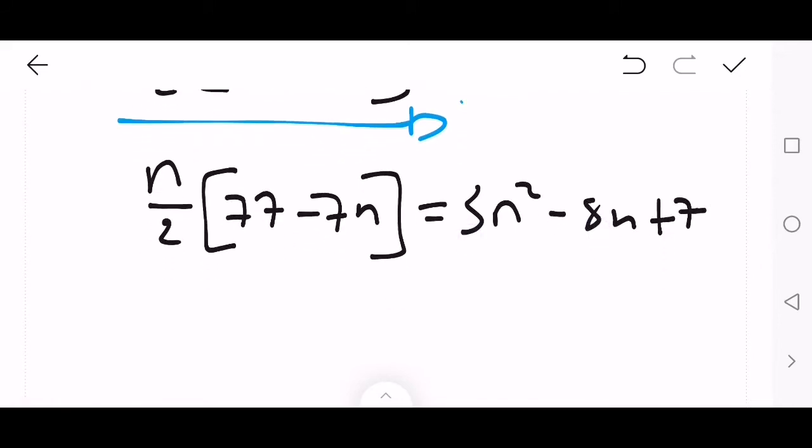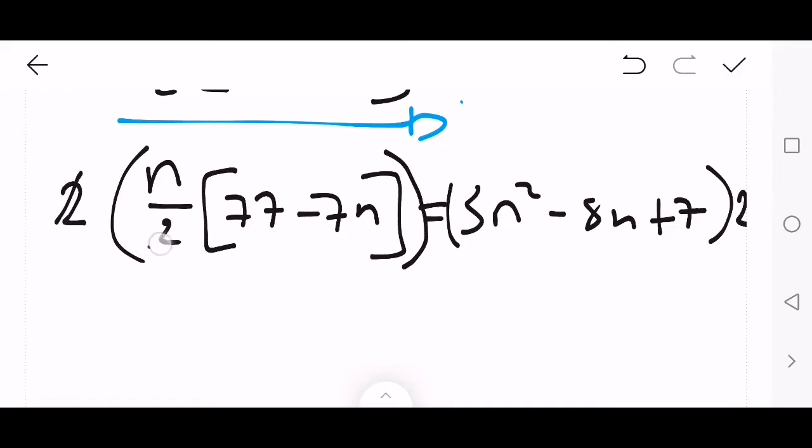So now we'll first take care of the fractions. All we need to do is multiply by 2 here and multiply by 2 this side. So this 2 will cancel that 2.